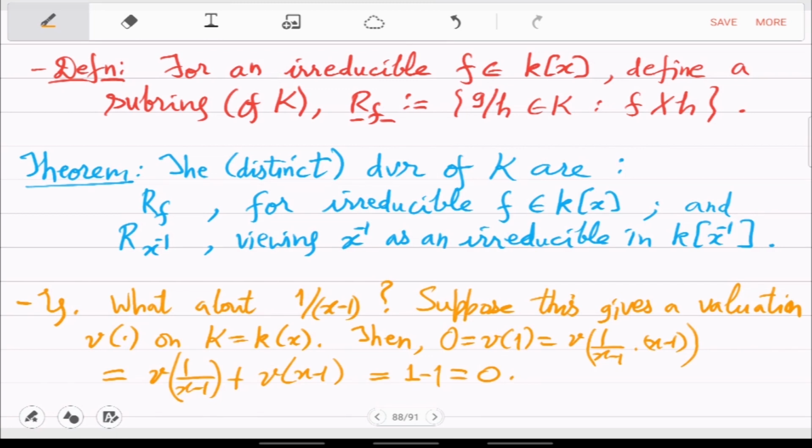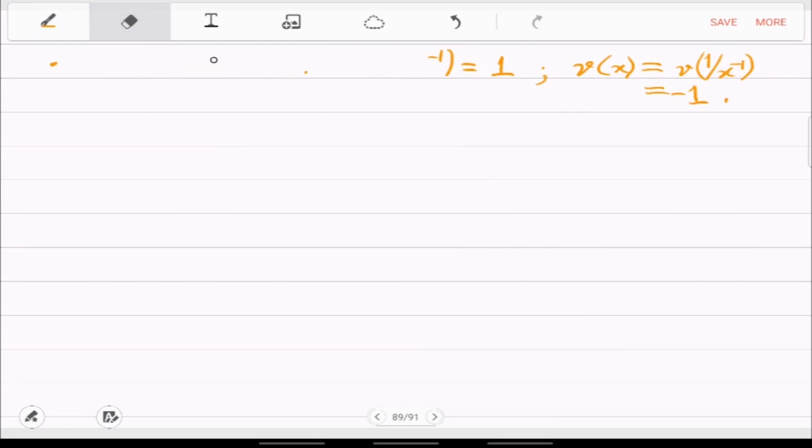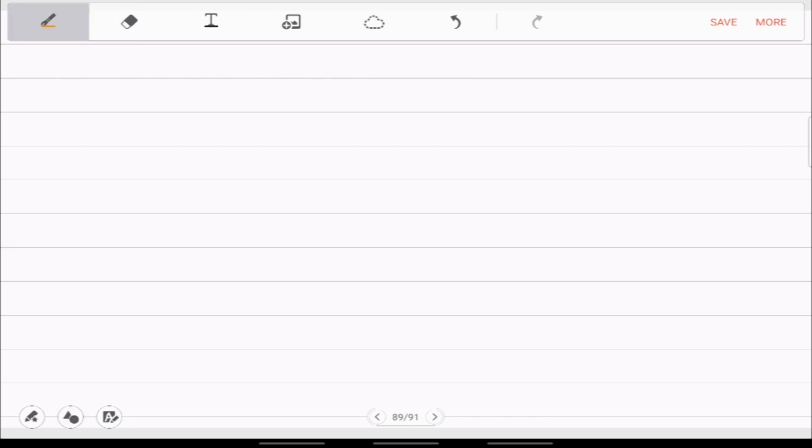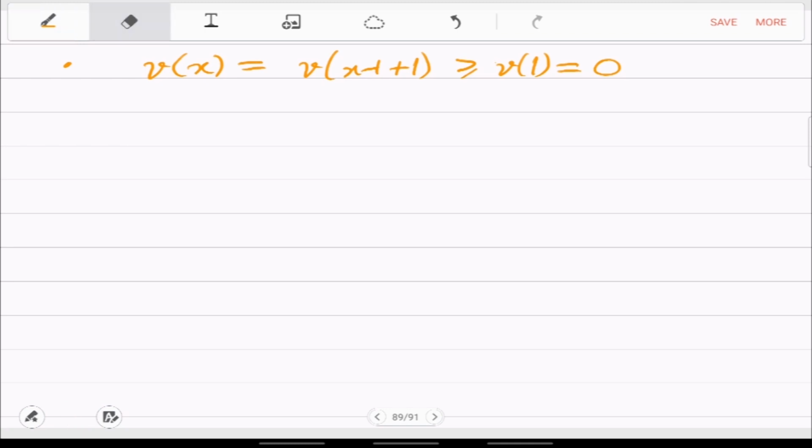Okay, so then I go to a different calculation. I use the axiom on sum. I think that was my original plan. So consider V of x, which is equal to x minus 1 plus 1, which then has to be at least V of 1, which is 0. Okay, that also is not very good.